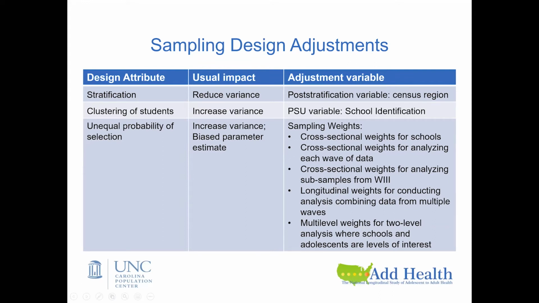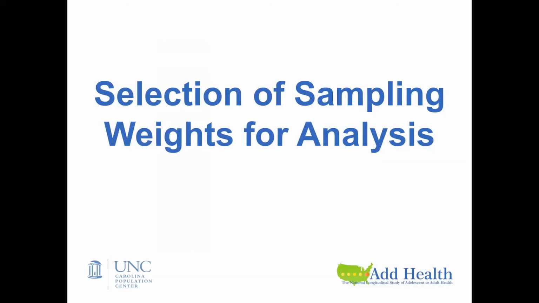So now we're going to talk about selection of sampling weights for analysis. And so, the sampling weights were designed to turn the sample of adolescents that we interviewed into the population we want to study. That population are adolescents in grades 7 through 12 in the United States in 1994 and 95.